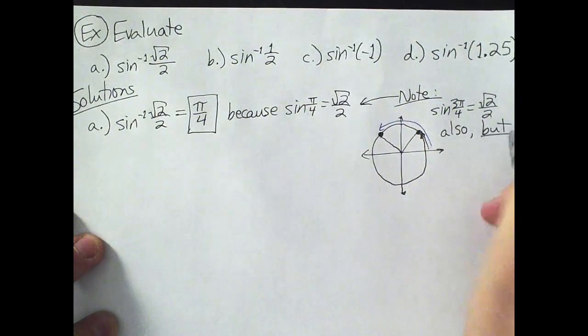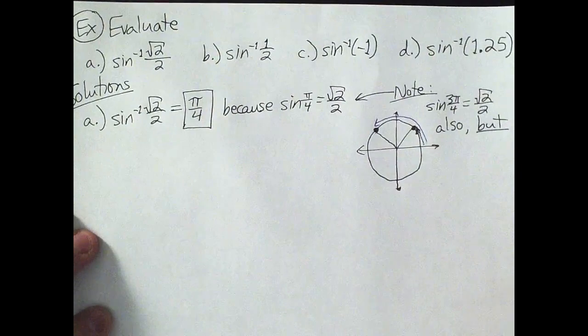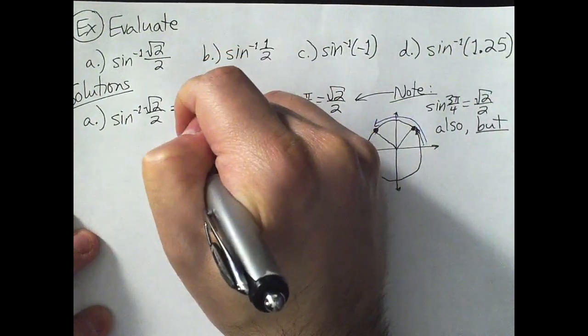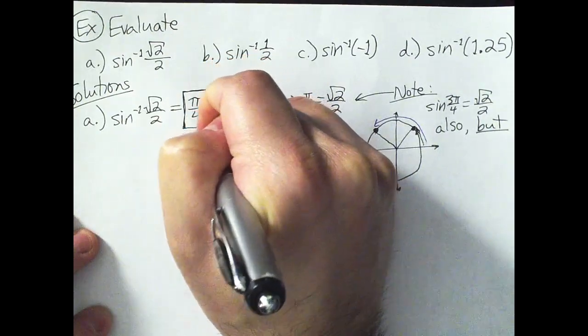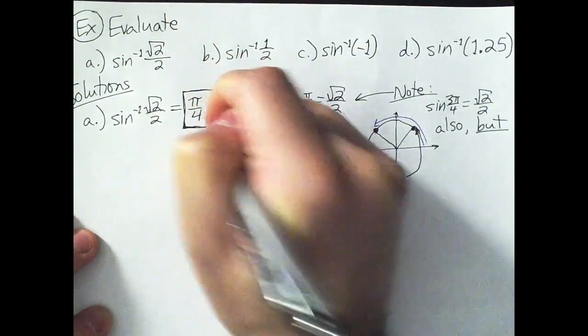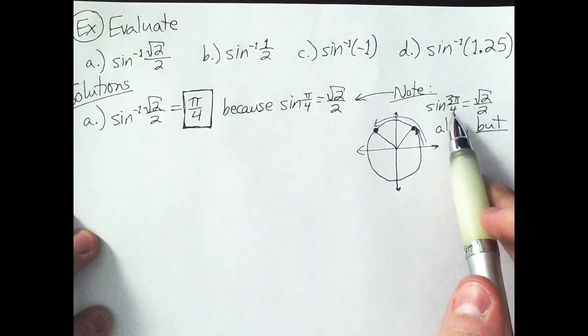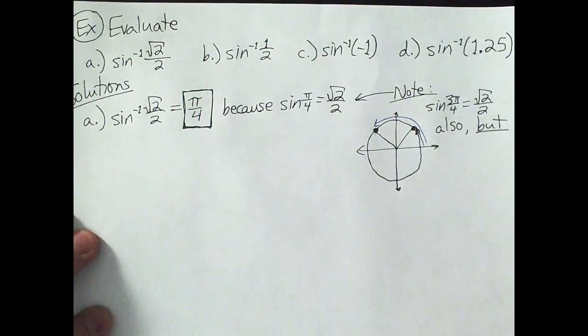But what's the problem with this one? Why did I say the answer was pi over 4 and I put a box around it? And I'm saying definitively that is the only answer. Why not this one? Why not 3 pi over 4?